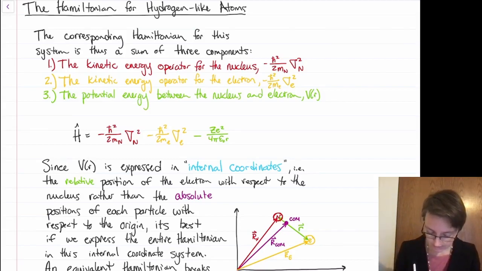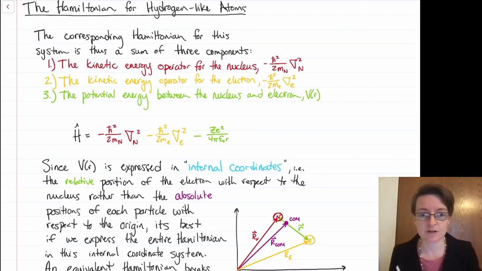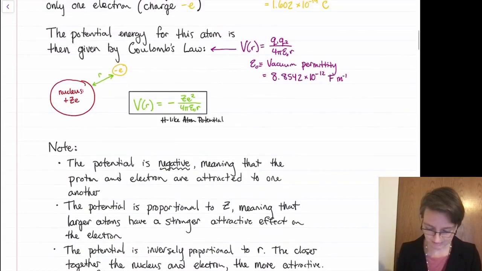And so that's our first term. The second term is negative h bar squared over 2 times the mass of the electron, in this case, del squared operator for the coordinates of the electron, and then minus Ze squared over 4 pi epsilon naught r, which is exactly our potential that we defined for the hydrogen atom above.